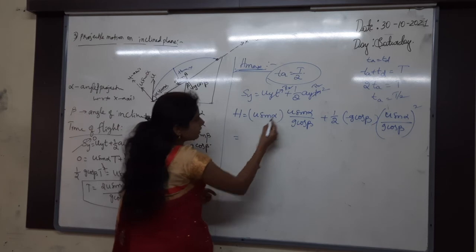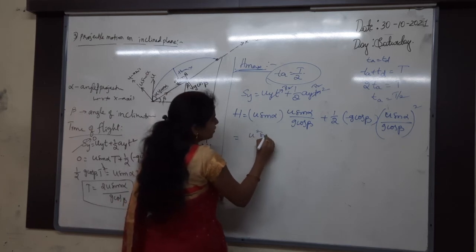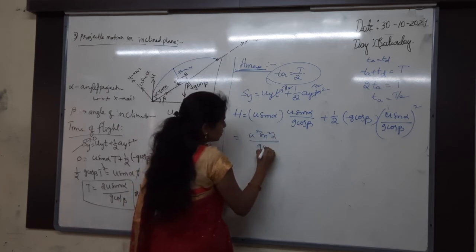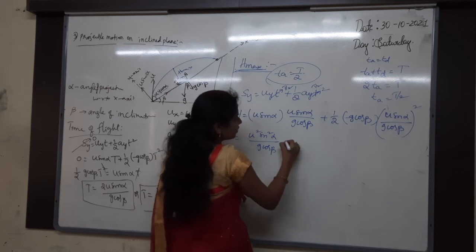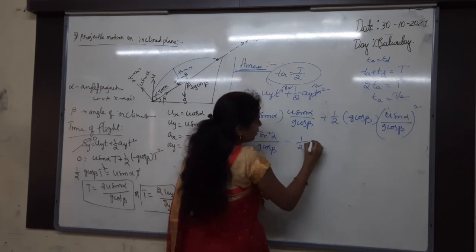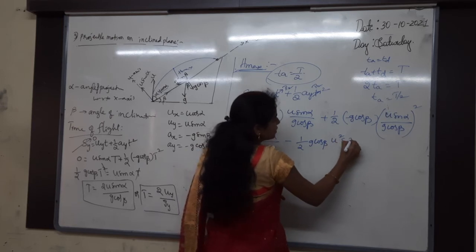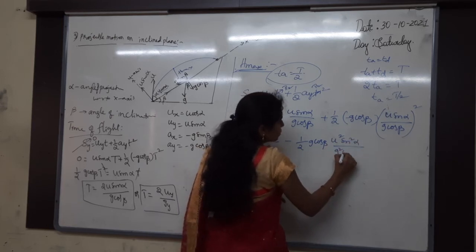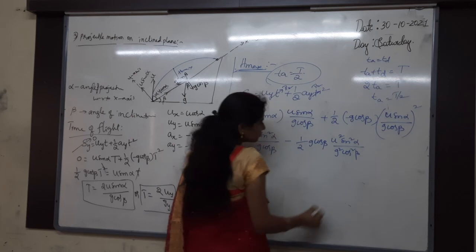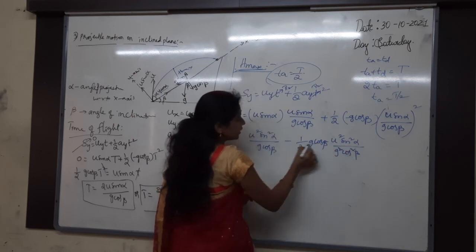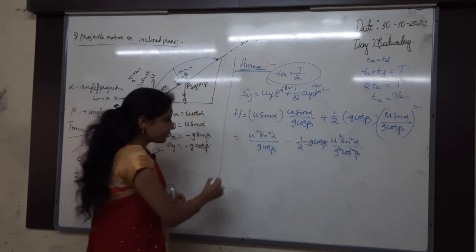Then from here what can I write? u square sin square alpha by g cos beta. Here what will come? Minus half g cos beta into u square sin square alpha by g square cos square beta. Then one of the g cos beta gets cancelled here.